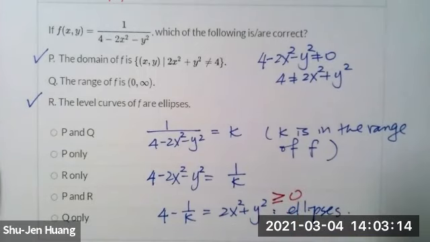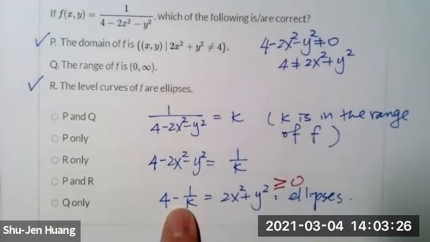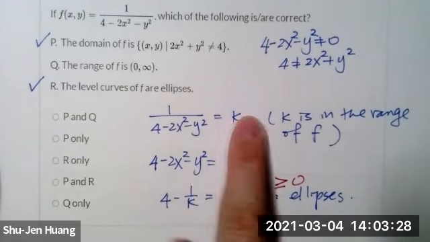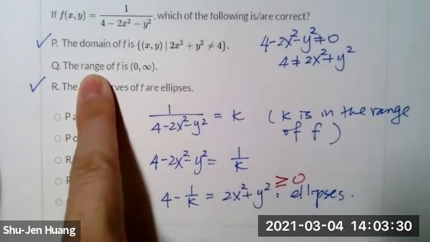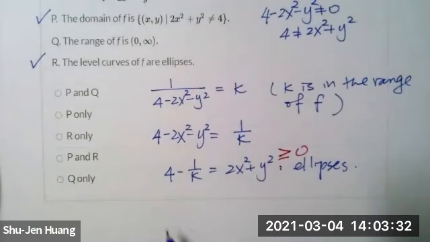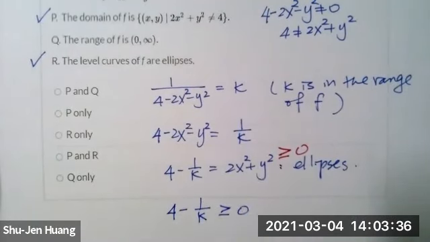If it's less than 0, then there's no level curve. We can solve for k here, and that gives us the range of the function. So we have 4 minus 1 over k greater than or equal to 0.